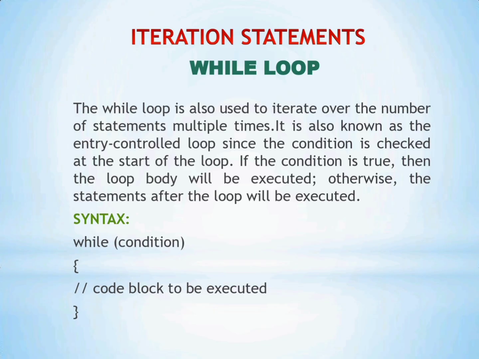In the syntax itself we will see while condition. In a while loop, the code will first check whether the condition is true or not. If the condition is false from the starting itself, this code will never execute, and this will show as an error. Only if the condition is true will the while loop execute the program or move to the next block of code.